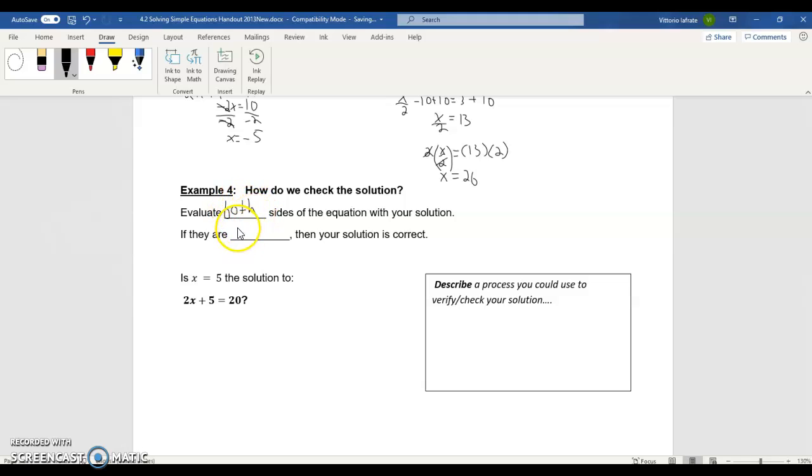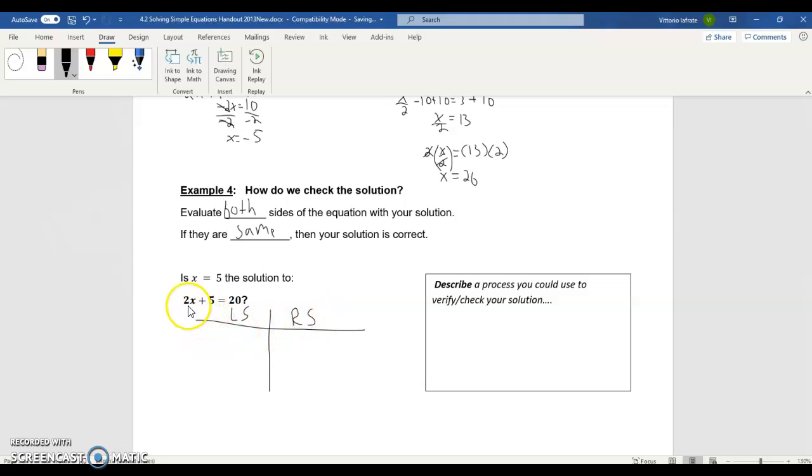And if both sides are the same, then the solution is correct. So let me explain what I mean by that. So I'll make a little table called the left side, right side table. Left side over here, right side over here.